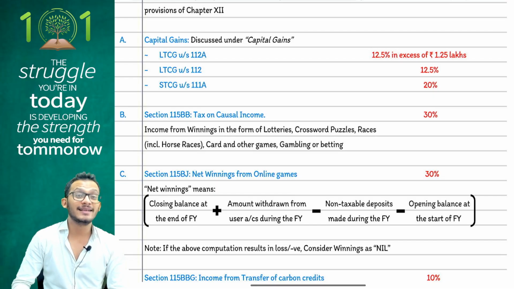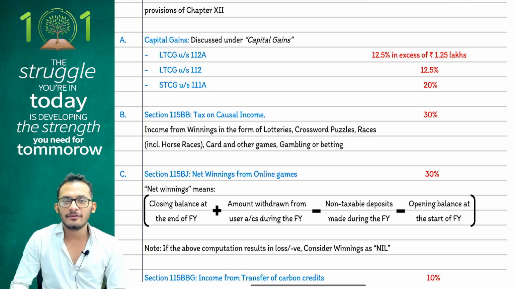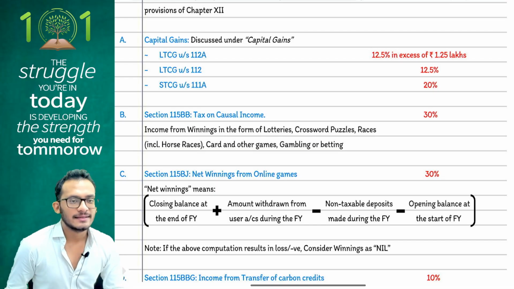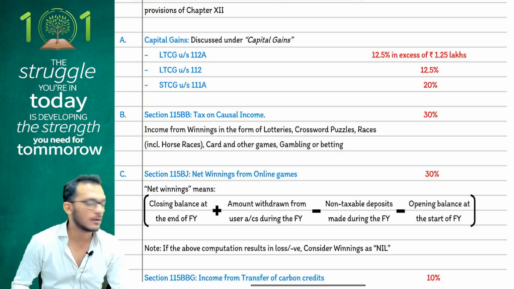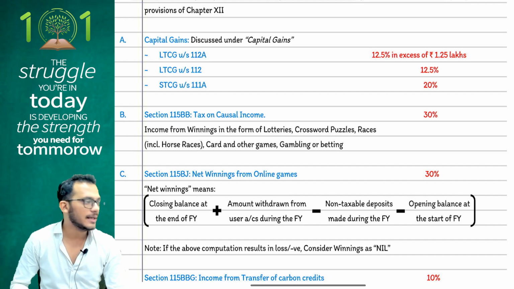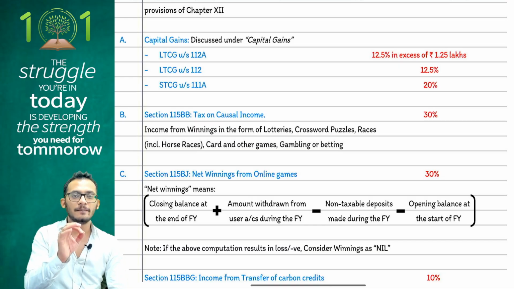Unexplained income is taxed at 60 plus 25 plus 4, effectively 78%. VDA transfers, cryptocurrency, are taxed at 30%. Royalty income is taxable at 10% with some conditions.